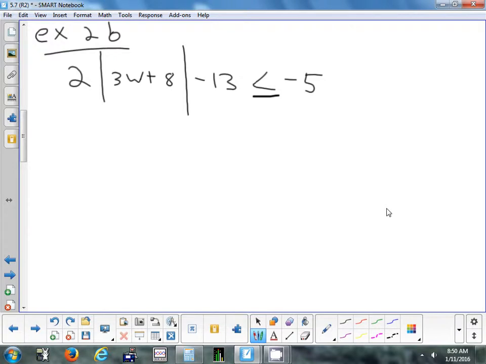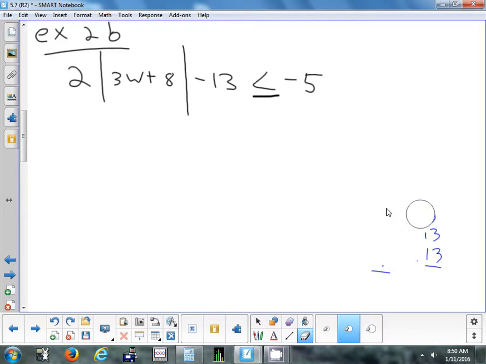Remember, when you're doing these, always, like Mr. Hager said last academic week, do the thing that's further away from the absolute value first. If you're trying to get x by itself, the first thing you always do is addition and subtraction. And then, if you have to do some division, we'll deal with the division last.